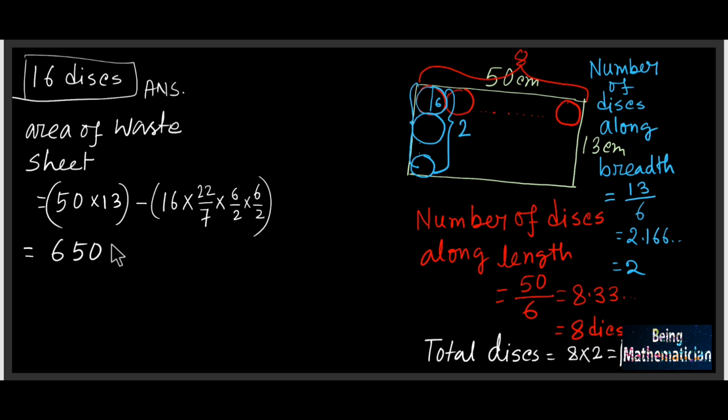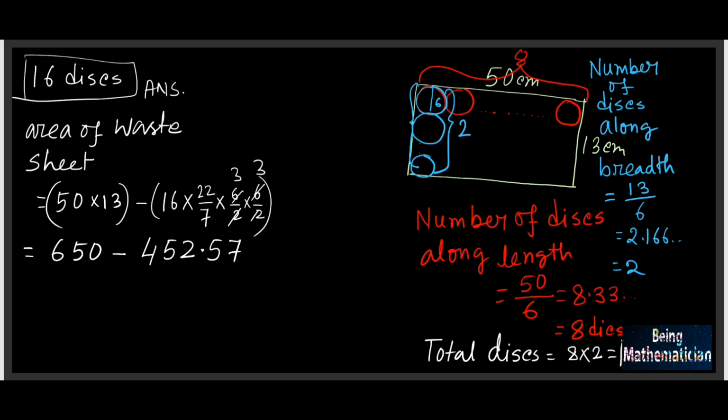It is 650 minus 16 into 22 into 9 divided by 7. So it is approximately 452.57.